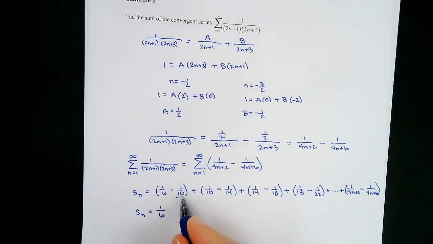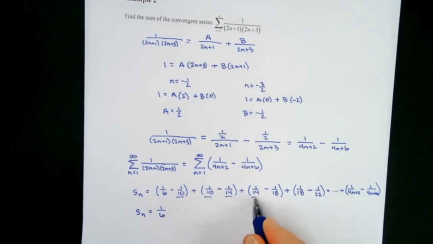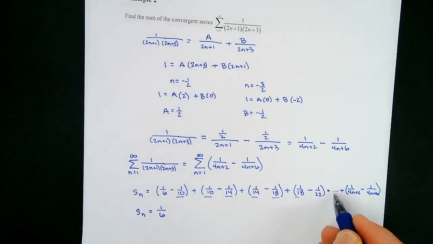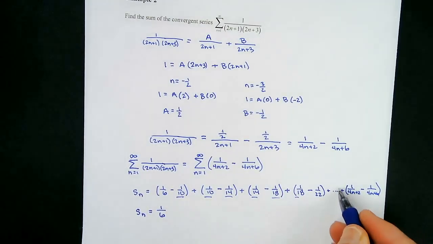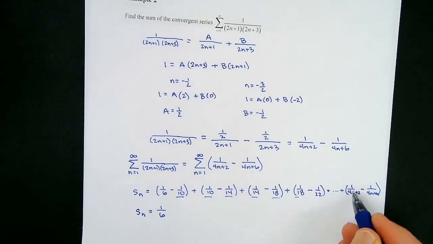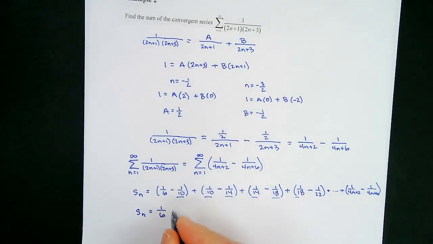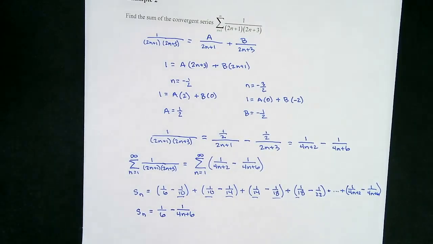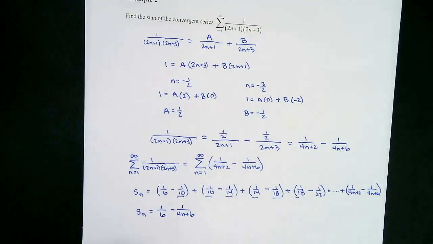These two are going to cancel. These two are going to cancel. This would cancel with the first one of the next term that we're not writing. And then that last term here would cancel with this one, right? So all we'd be left with is 1/6 minus 1 over (4n plus 6). So that's a formula for the nth partial sum.